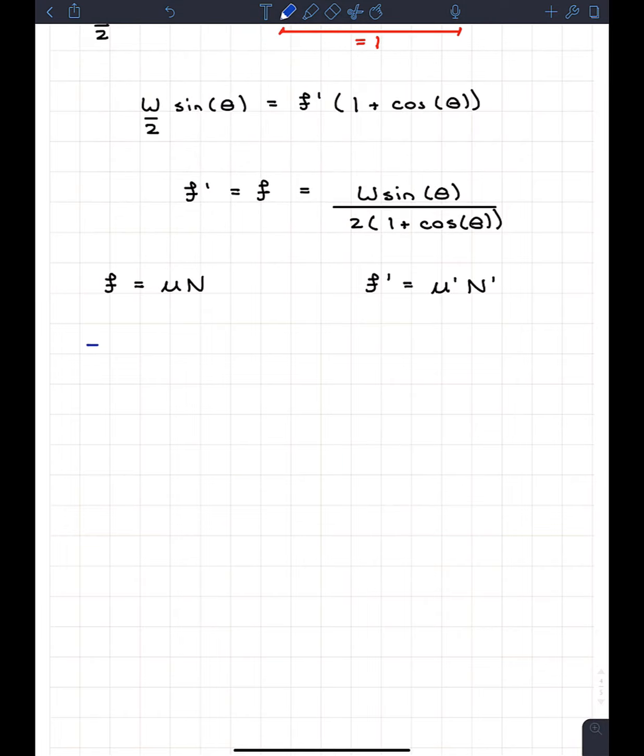And we're going to say that we can find out that mu is equal to f over n. And we know that mu prime is equal to f prime over n prime. So assuming that we know what f prime, n, and n prime are, we can actually solve everything that we need to do.